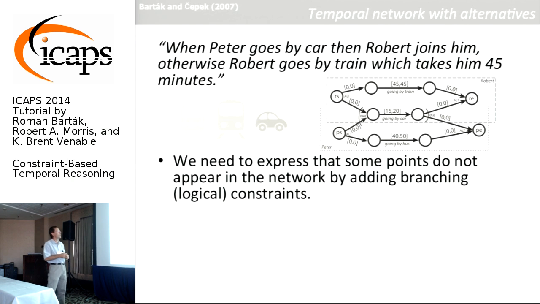The major difference is that in addition to simple temporal relations like here, we also specify what we call branching or logical constraints. And their meaning is that if there is a parallel branching, it means that if this node is selected, then both these nodes must be selected.